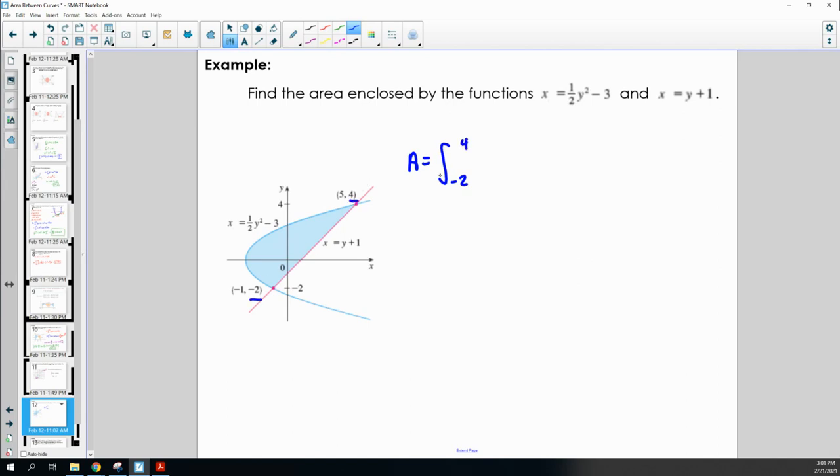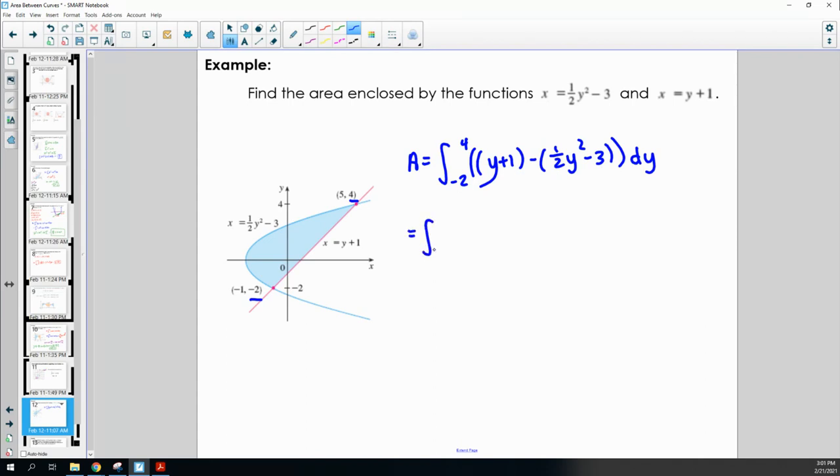And then we're doing the right function minus the left function. Our right function is y plus 1, and we're going to subtract from that the left function, which is 1/2 y squared minus 3. And now we're going to have dy instead of dx because it's in terms of y here.